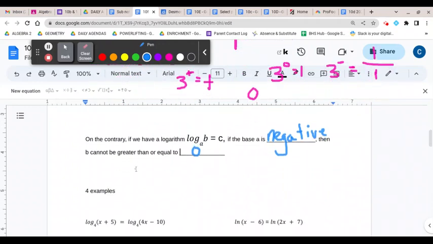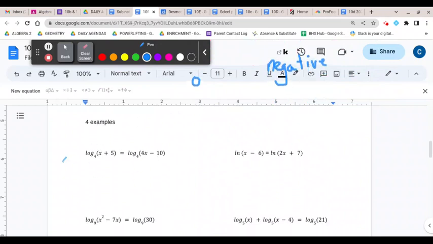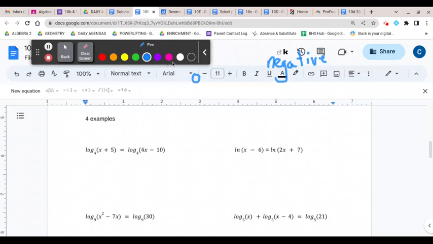So let's do 4 quick examples. Here we have log base 4 of x plus 5 equals log base 4 of 4x minus 10. Nice and simple, so we say x plus 5 equals 4x minus 10.